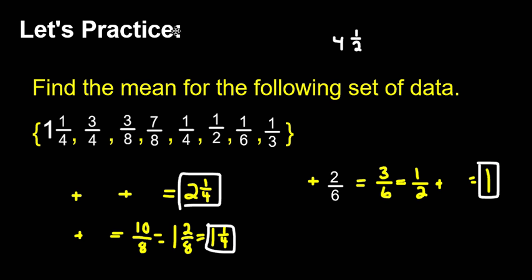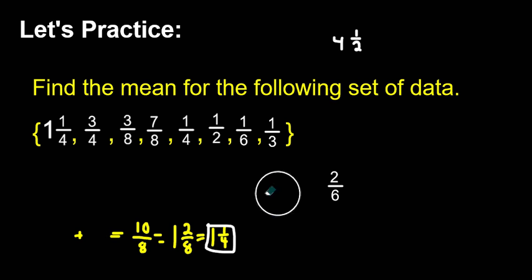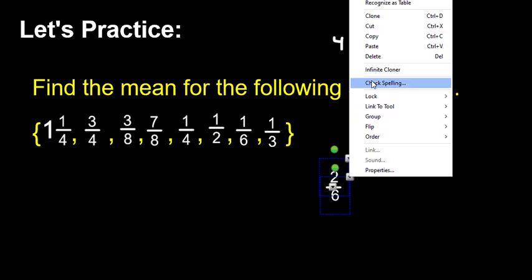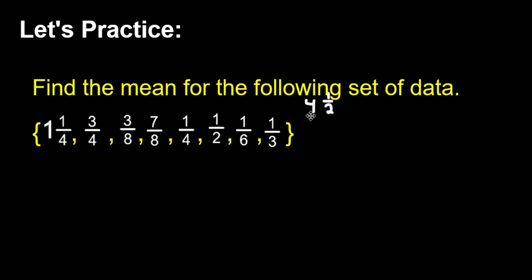I'm just going to erase all of this other stuff, since we already have our sum of 4 1/2, and we're going to delete this value right here real quickly. So I'm going to take my total or sum, 4 1/2, and divide that by 8.